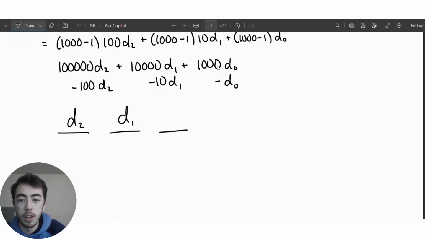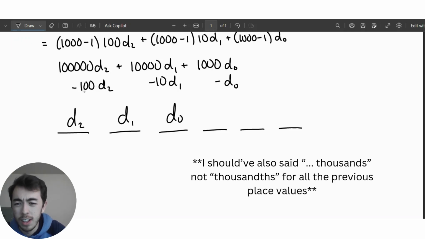And then finally my 1000th digit is D0. But here it gets a little bit dicey, because now it's like I'm saying that my hundreds digit is negative D2, and then my tens digit is negative D1, and then my ones digit is negative D0.